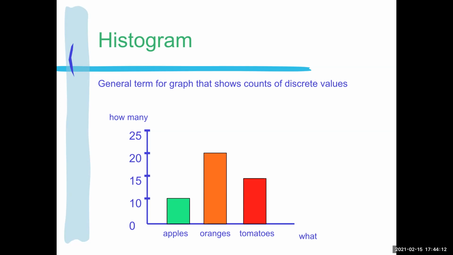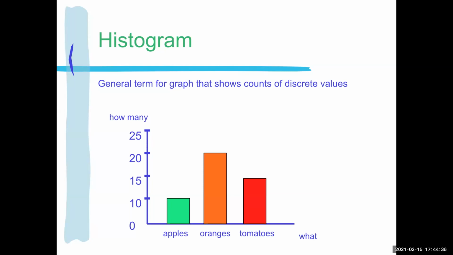So you can look at this histogram and know that I have 10 apples and 20 oranges, and I think that's 15 tomatoes, and you can know the total number of these items I have in my fridge. But more interesting than a total number is the breakdown by what kind of fruit or vegetable.